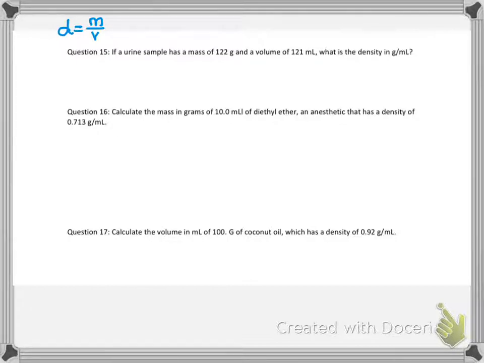So it says if a urine sample has a mass of 122 grams and a volume of 121 milliliters, what is the density? This is probably the most straightforward problem. You know that density algebraically equals the mass over the volume.